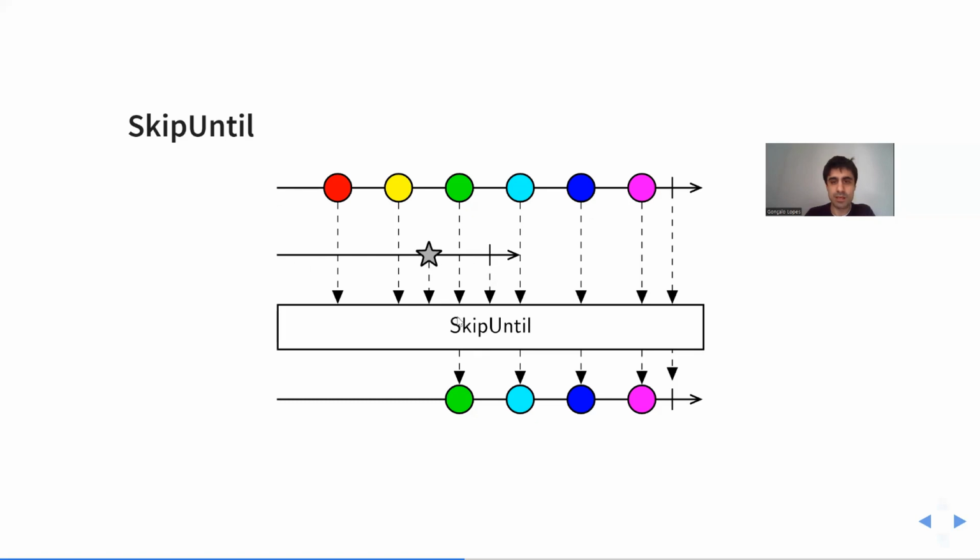And now, instead of saying a specific number of elements to skip, we are going to provide a second sequence that will tell skip until when exactly to stop skipping. So in this case, you can see in the marble diagram that elements are arriving, and they're all being ignored until the second sequence sends a notification, and then after that, skip until starts emitting all the values from the original sequence.